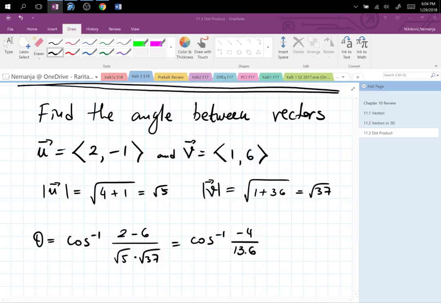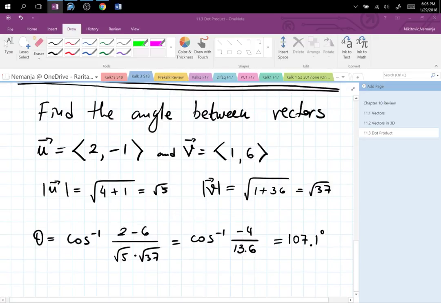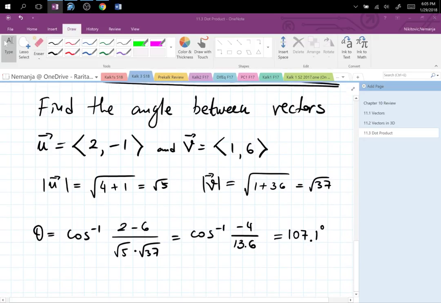And now we're taking the inverse cosine of this. So inverse cosine of negative 4 divided by 13.6, and we get 107.1 degrees. So that is the angle between these two vectors.